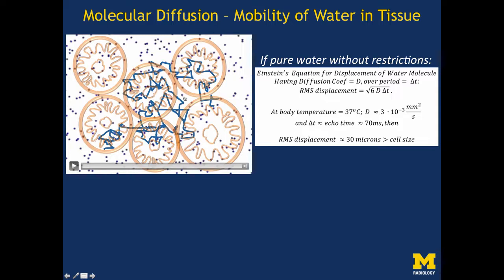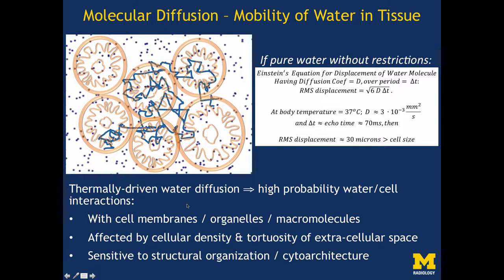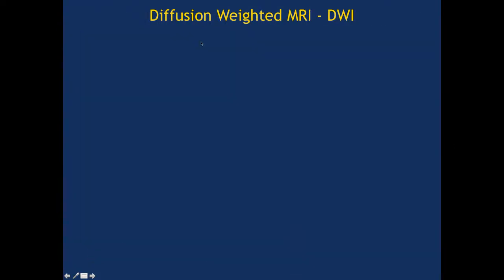All of these barriers to free diffusion will generate contrast that is diffusion specific. And it relates to cellular density, how compartmentalized the water is, how organized the water is. So the cytoarchitecture of the tissue is all probed well by diffusion.